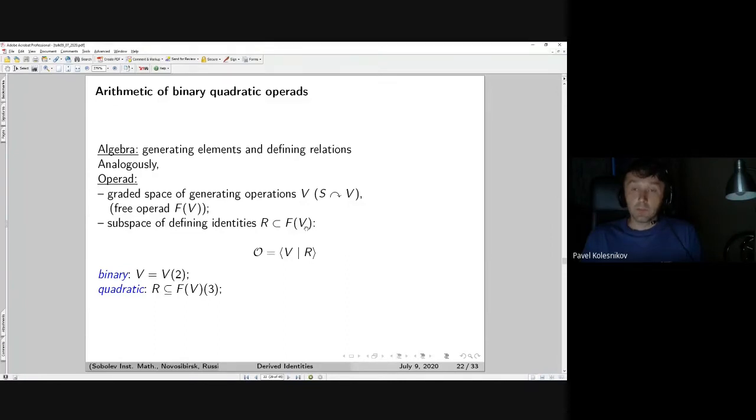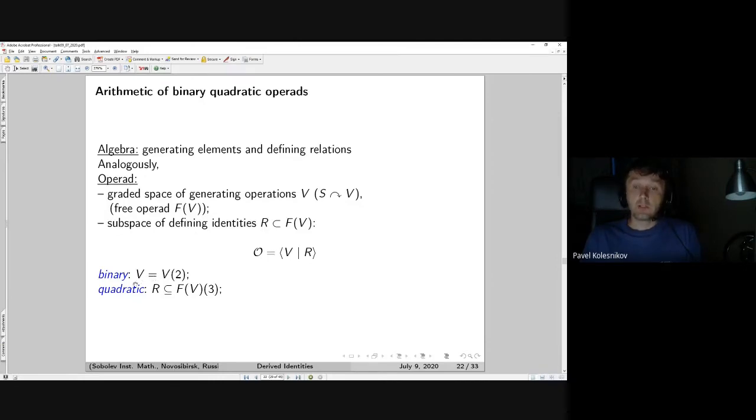And then, given such a graded subspace of defining identities, one may uniquely determine an operad generated by V with defining relations R. We say the operad is binary if the generating operations are all concentrated in the second component of the graded space. So all operations are binary, in other words.